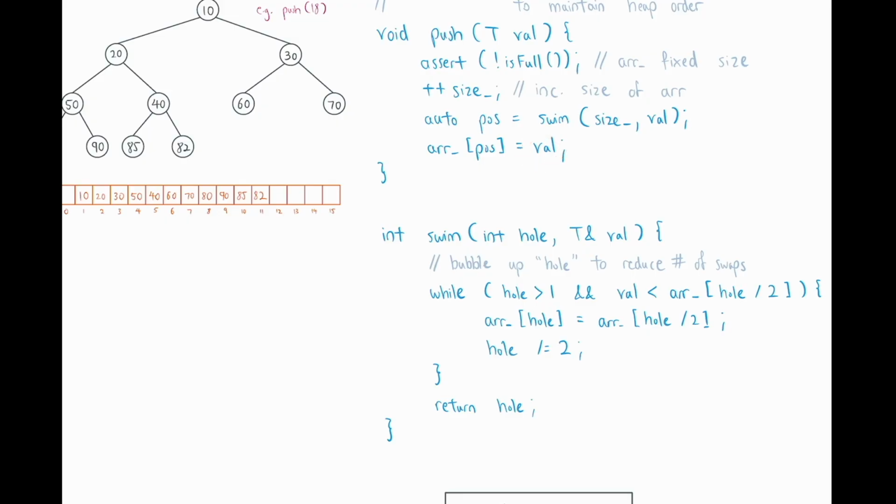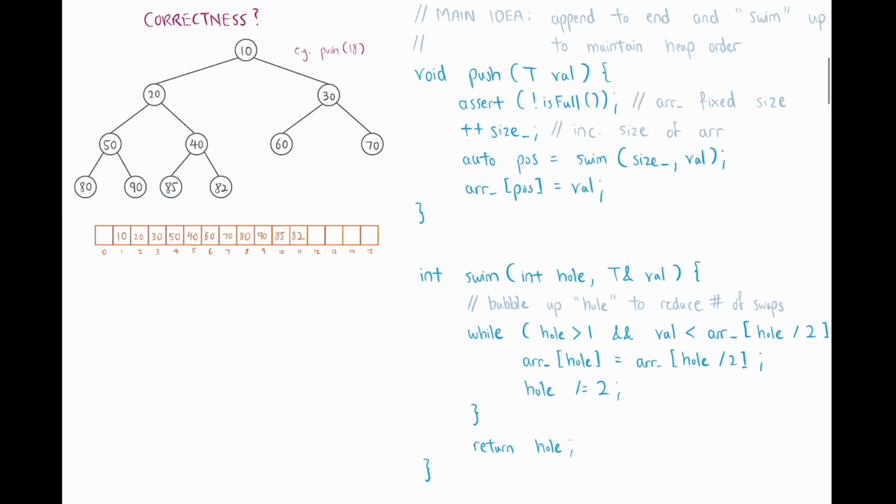So what is this swim? Swim allows us to find the final location of this particular hole over here. We start from the last location, and the final new location is actually a hole. Let's just draw that in there.